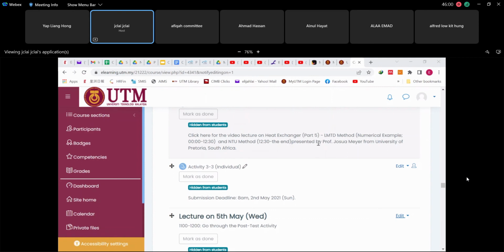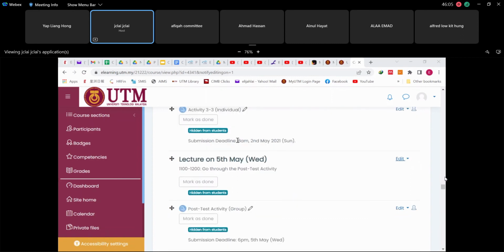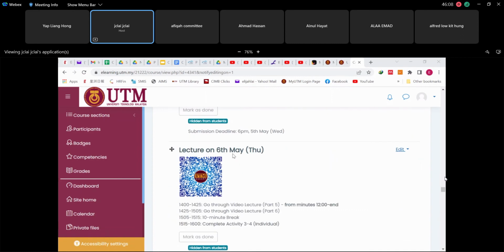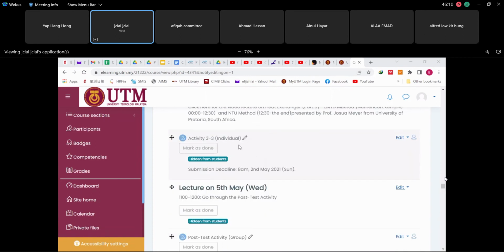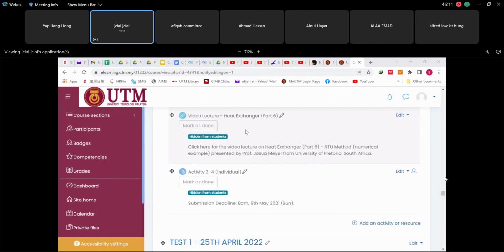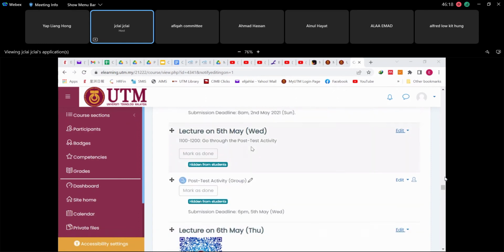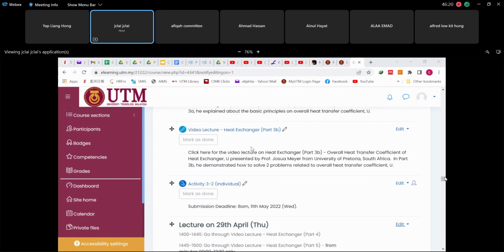This is part 5 regarding the NTU method, and part 6 is also the remaining part of the NTU method, with an example. This is what we want you to go through over this weekend.